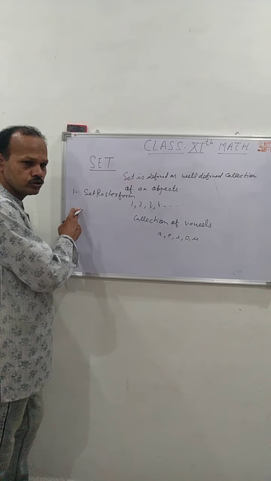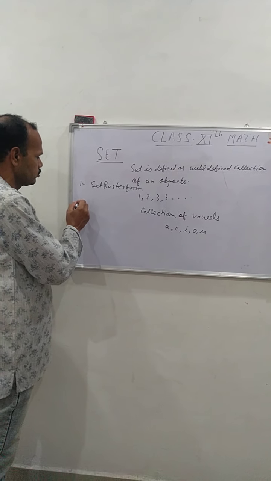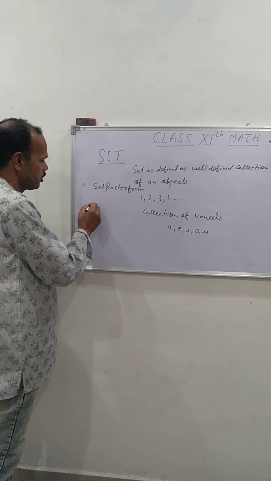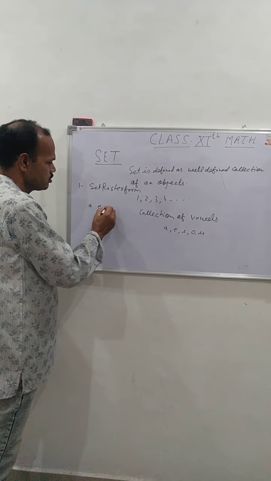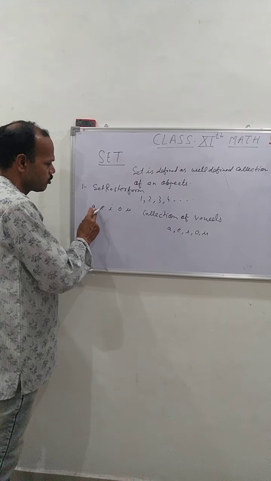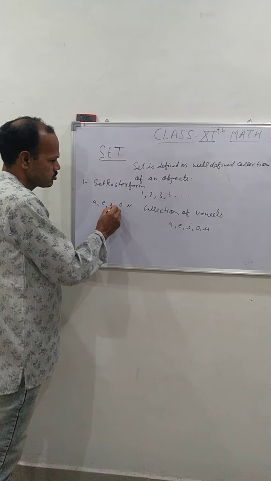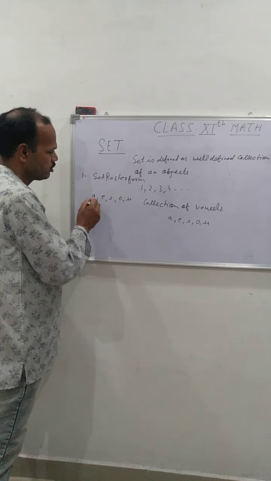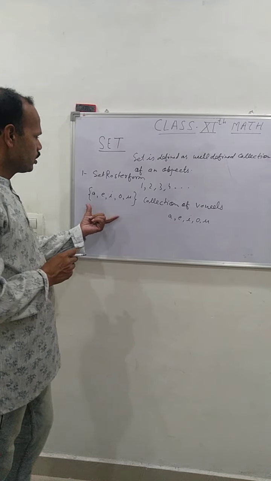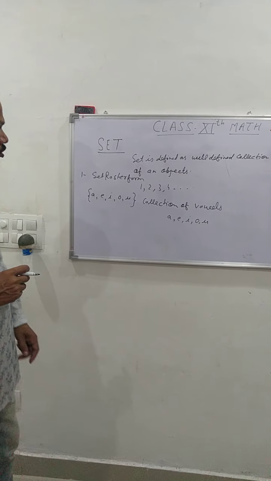That representation is said to be set roster form. For example, a collection of vowels, that is A, E, I, O, U. Now we separate these elements by commas and represent them inside curly brackets. So overall this representation is said to be set roster form.